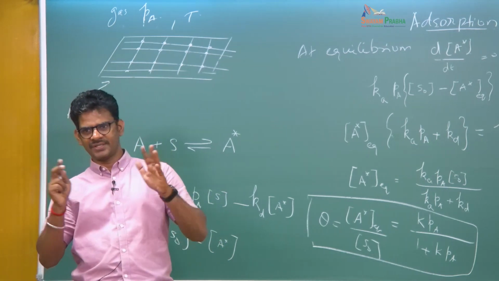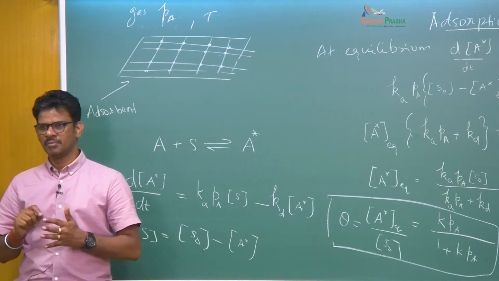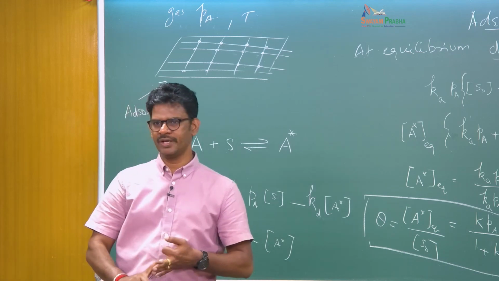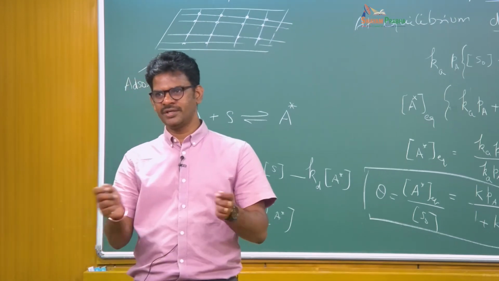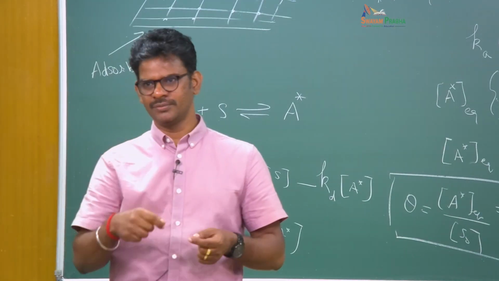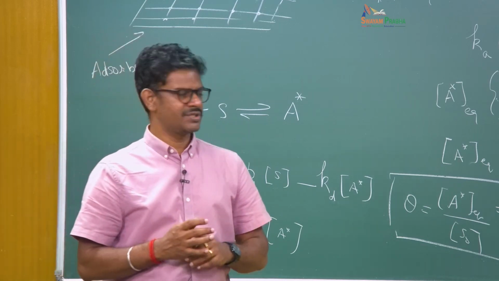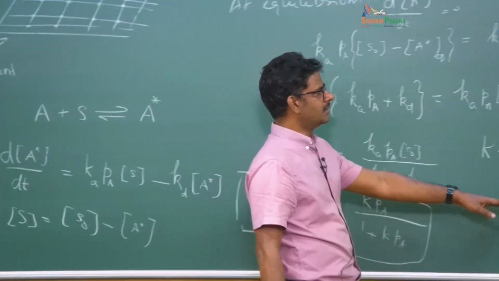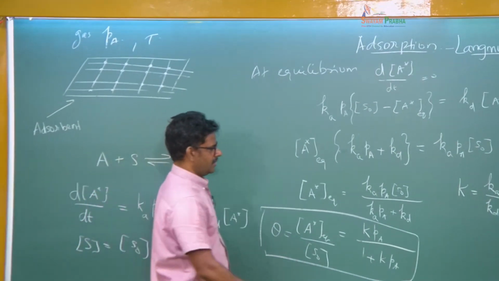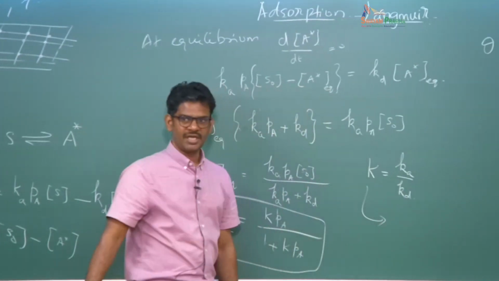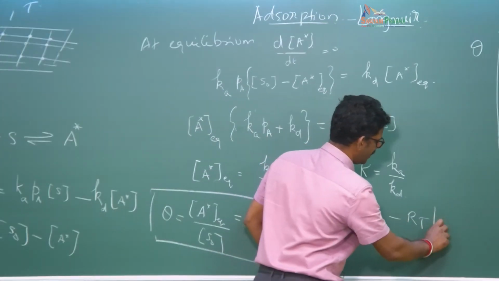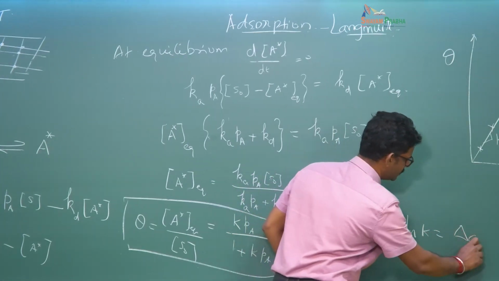But Langmuir adsorption, on the other hand, has a very simple model: the sites are equivalent, one molecule per site, only a monolayer is possible, and so on. And there is no interaction between the adsorbed molecules, so it doesn't affect the free incoming molecule going to a site. Under those assumptions, you will see this kind of behavior. And this K here, as I said, can be obtained from equilibrium thermodynamics. You say minus RT ln K is equal to delta G adsorption.